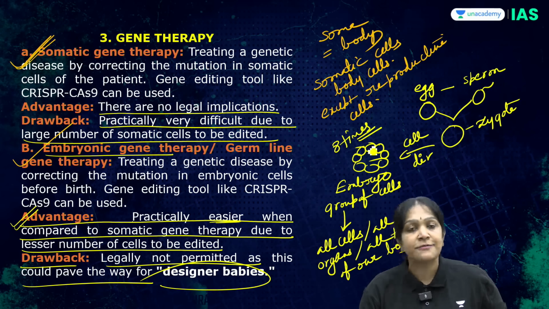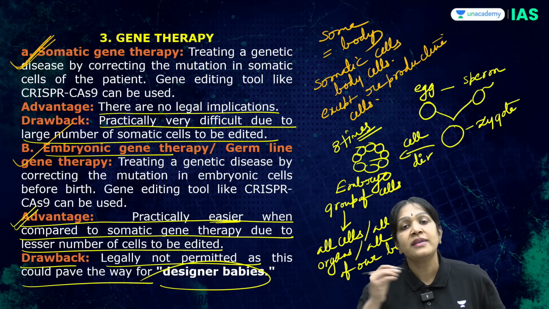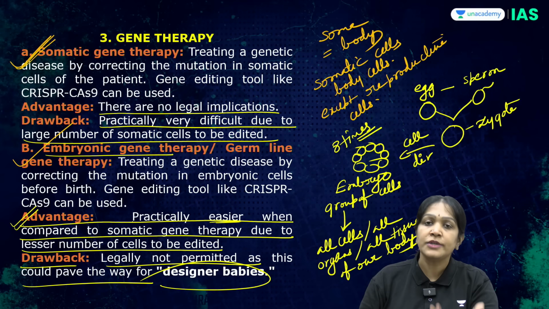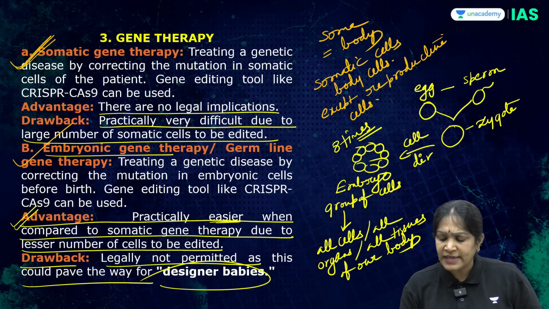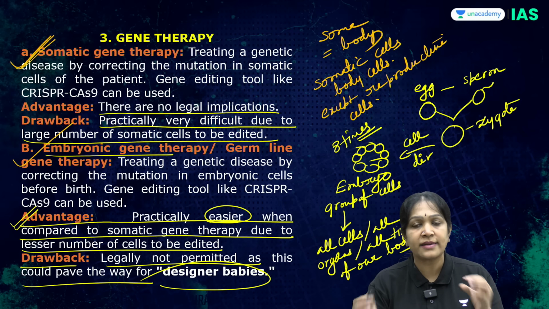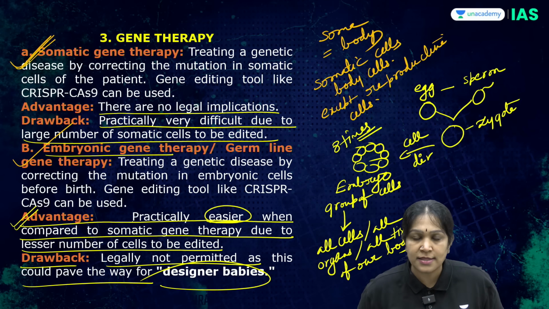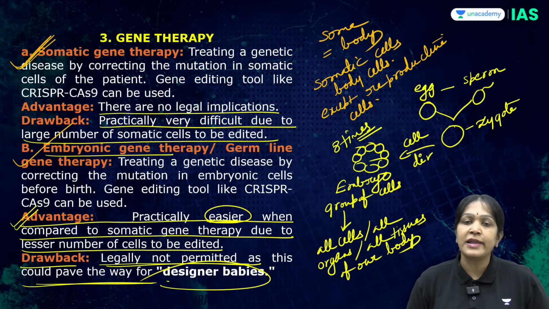In 8 cells if you do this correction, the correct gene will be reflected in every cell of that baby who is going to take birth. Therefore it is practically easier. I don't mean to say that it is a very easy technique, but it is easier when compared to somatic gene therapy. And the disadvantage here is it is not legally permitted.